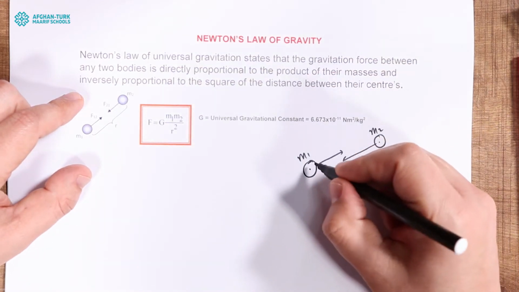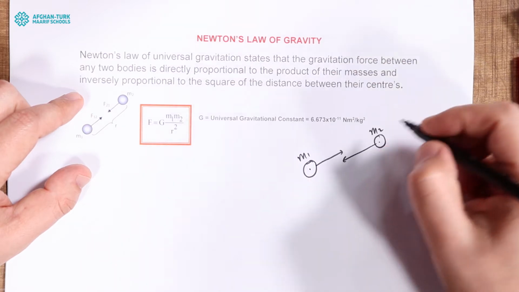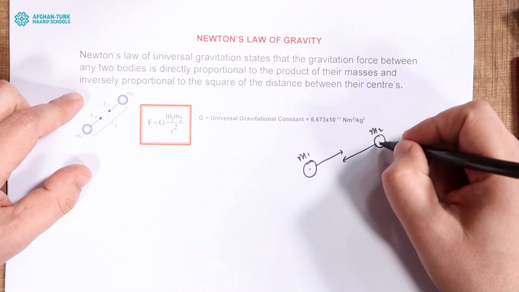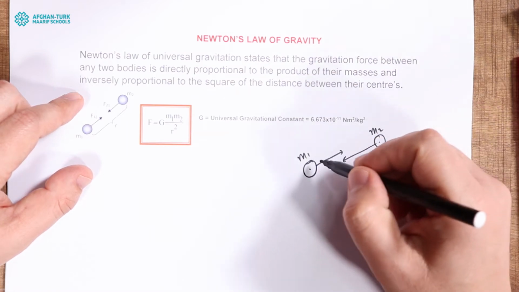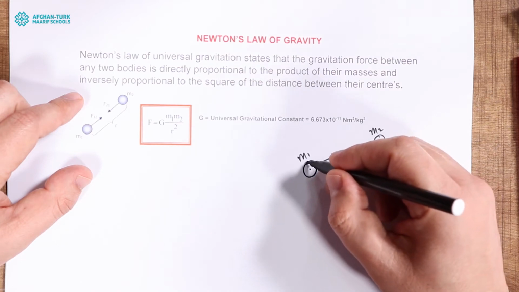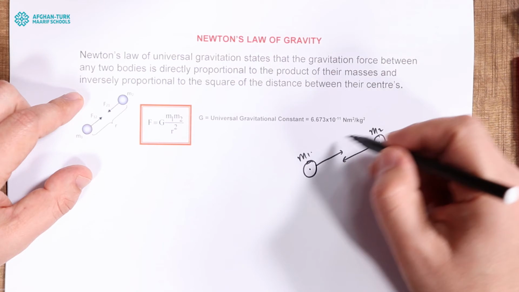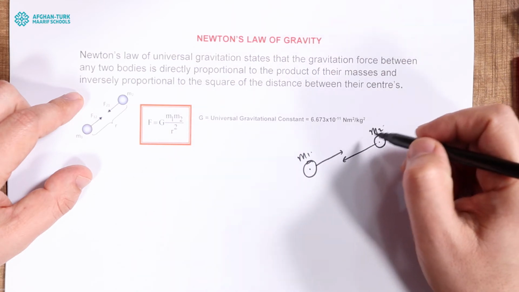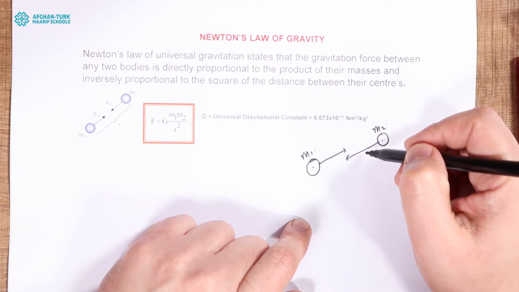Let's suppose this mass applies a 5 Newton force, so this mass will also apply a 5 Newton force. This is the product of their masses. The second thing: if we increase the masses, like this is 10 kg and this one is also 10 kg, the force of attraction between the masses also increases.